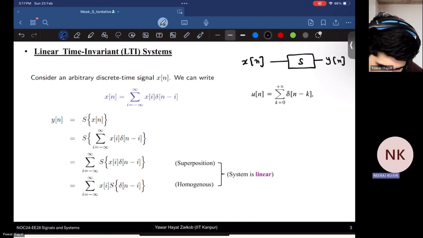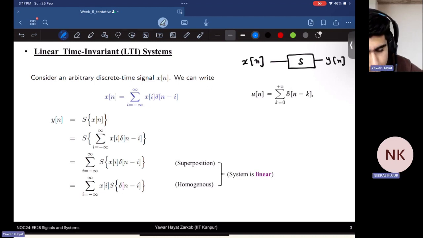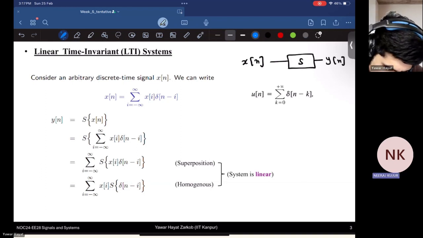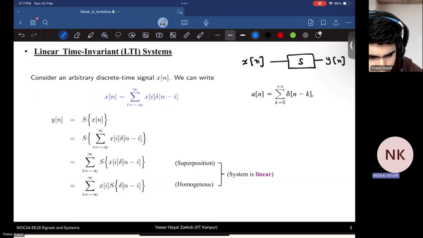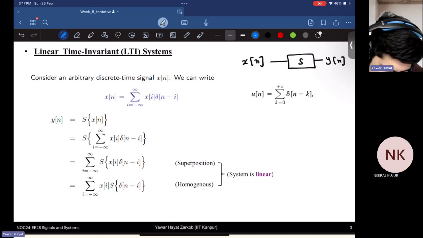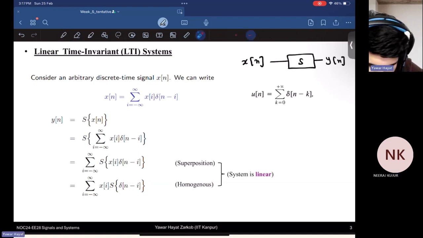Superposition means for two inputs we get two outputs, and when we put the linear combination of these two inputs as the system input, the output should be the linear combination of the outputs when the inputs were separately given to the system. Correct, that is precisely what superposition means.